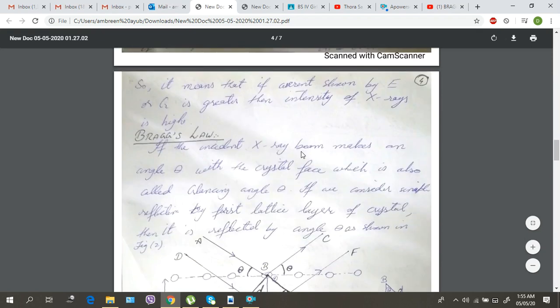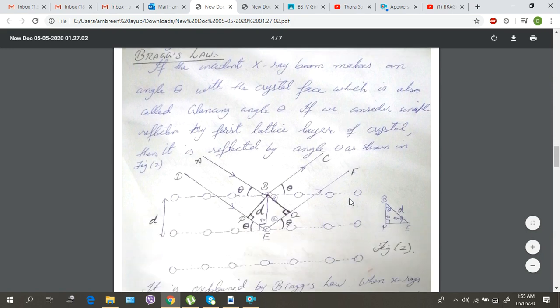Now, if the incident X-ray beam makes an angle theta with the crystal face, which is also called glancing angle theta, if we consider simple reflection by the first lattice layer of the crystal, then it is reflected by angle theta.